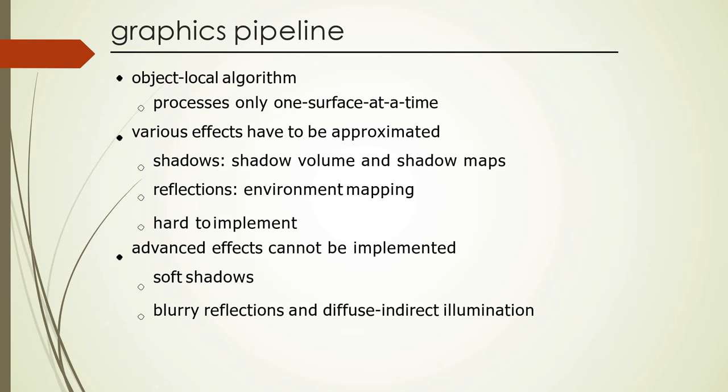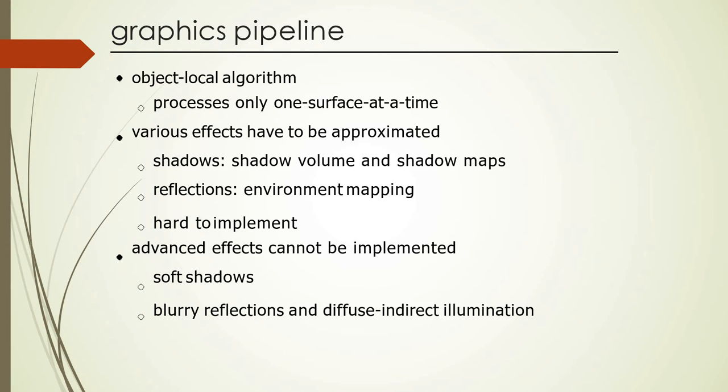In the graphics pipeline, the object-local algorithm processes only one surface at a time. The various effects have to be approximated, for example the shadow volume and the shadow maps. Then we have to generate the reflection, the environment mapping, and these two concepts, shading and reflection, are hard to implement. Advanced effects cannot be implemented.